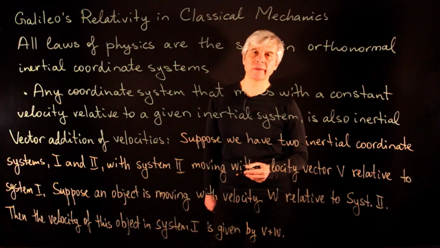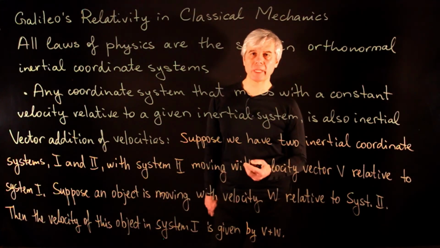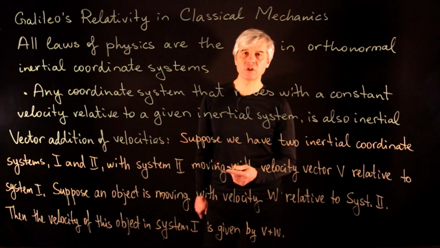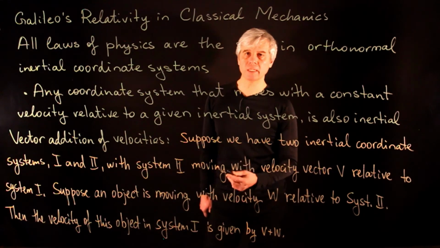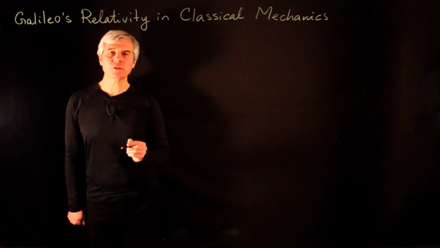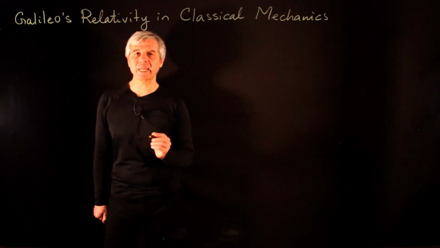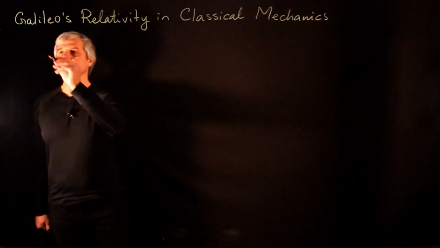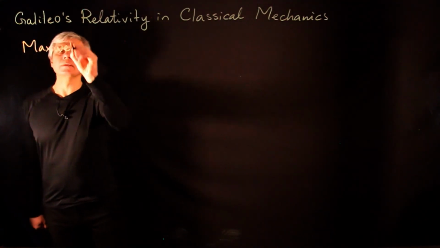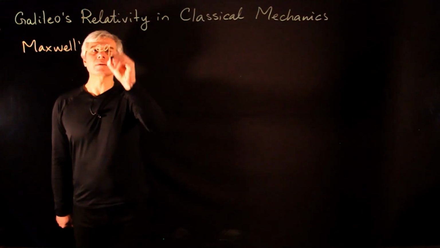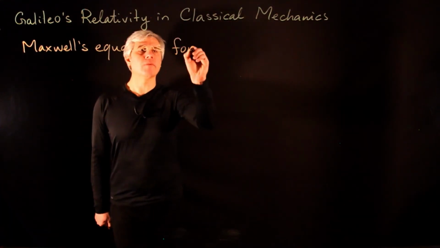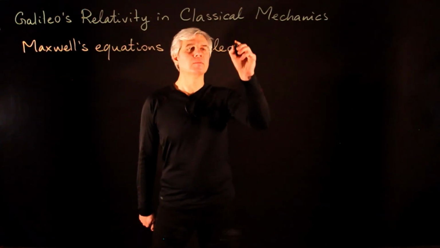Before Einstein's, these were considered as universal principles of physics. But now we understand that this is only an approximation of the true laws of physics at low velocities. During the 19th century, we got a much better understanding of electromagnetic phenomena, culminating with Maxwell's equations for the electromagnetic field.